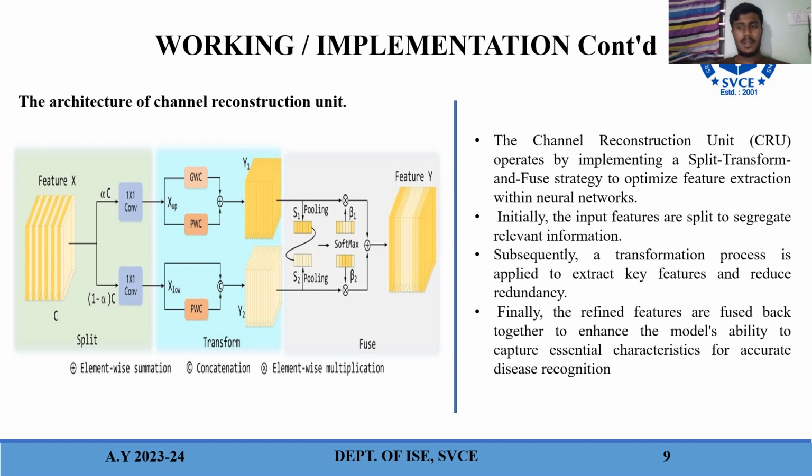Finally, the refined features are fused back together to enhance the model's ability to capture the essential characteristics for accurate tea disease recognition. So this is how the architecture of the channel reconstruction unit works.